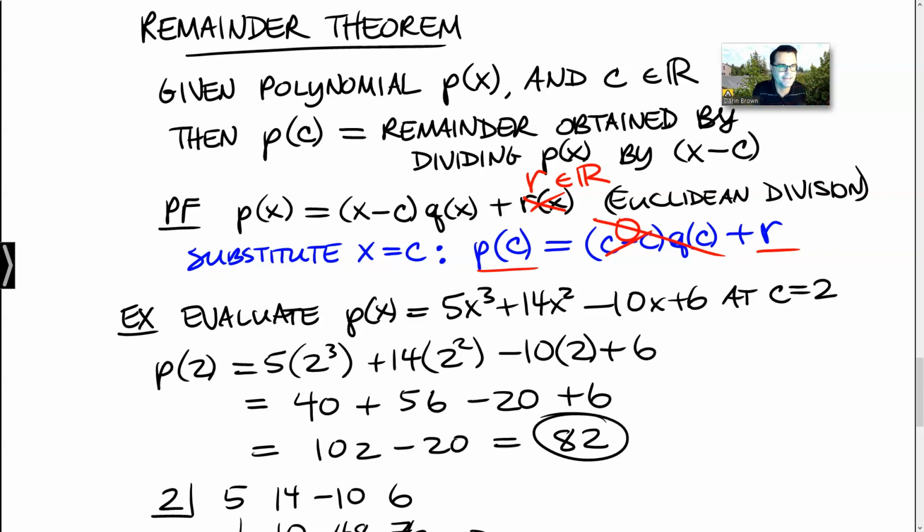In other words, for x minus c to be a factor, that would be the case if the remainder was 0. But the remainder theorem says that the remainder will be 0 if the polynomial evaluated at c is equal to 0. So what we're going to see is that the polynomial is going to have a 0 if and only if x minus c is a factor. In other words, there's a relationship between the zeros of a polynomial and these linear factors of the polynomial. Okay, let's state what that says.